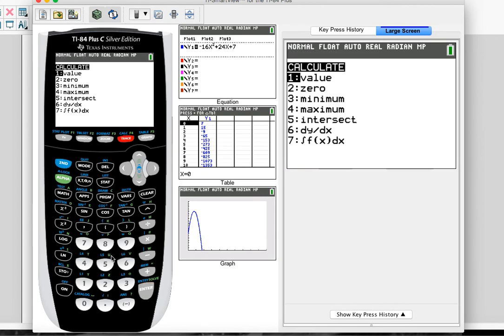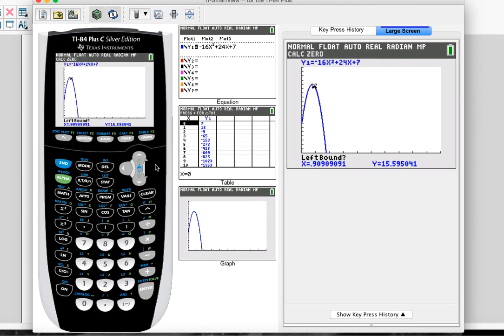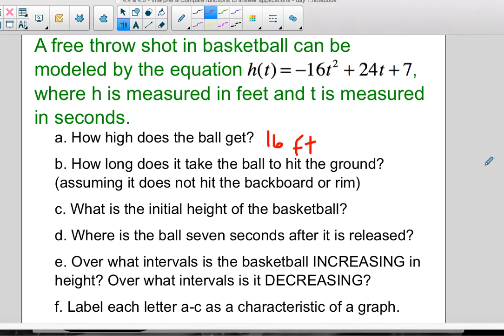So I can do the 0 button and just left bound, right bound. I got a positive y and a negative y. That should do it. 1.75 seconds. So 1.75 seconds.